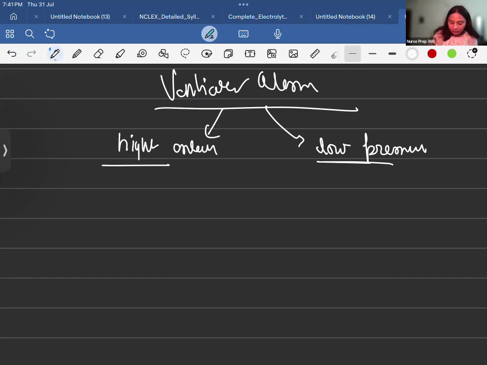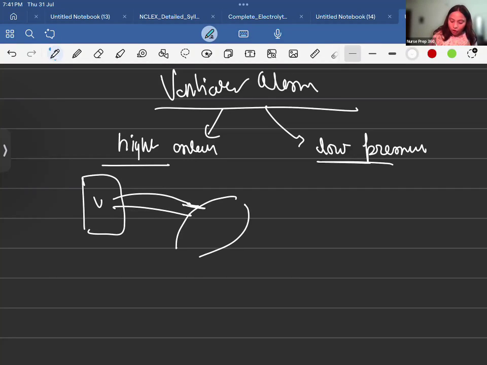In a high pressure alarm, just imagine this is your ventilator and the ventilator is trying to give the set volume that you have asked it to give the patient.